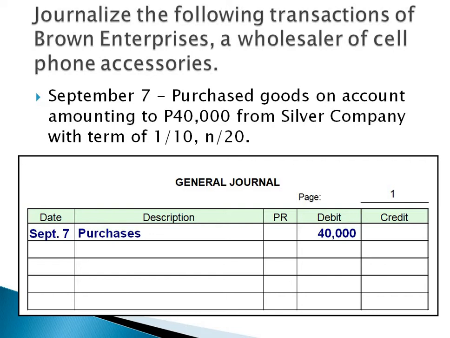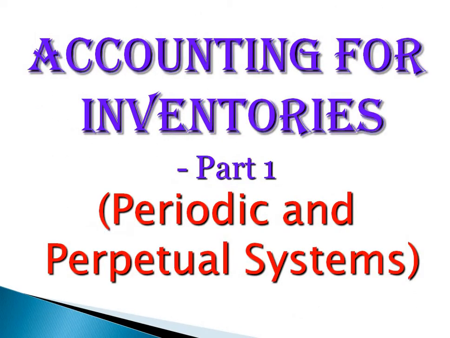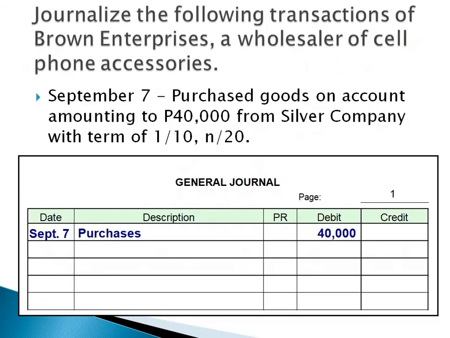By the way, for the differences between these two inventory systems, you may watch my video entitled Accounting for Inventories Part 1, Periodic and Perpetual Systems. Anyway, going back to this first transaction, so I hope this is clear. The debit must be to the account name purchases, not merchandise inventory. Okay? Because if the problem is silent, we have to use the periodic inventory system.